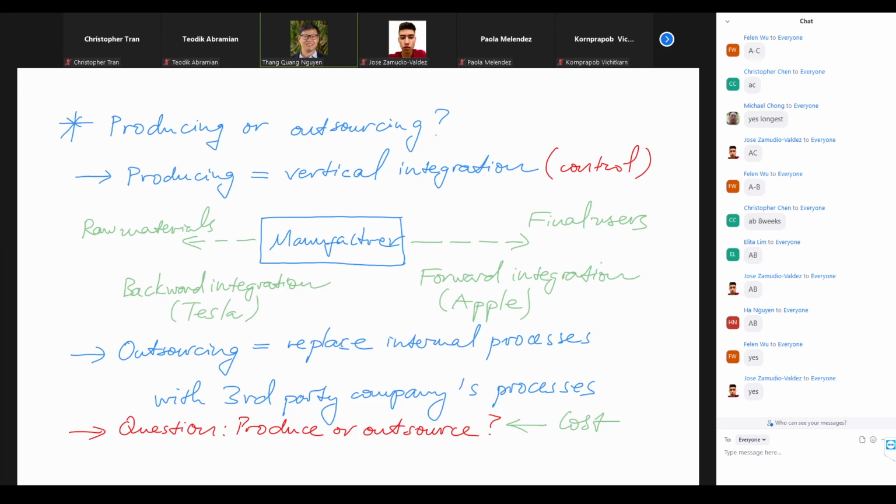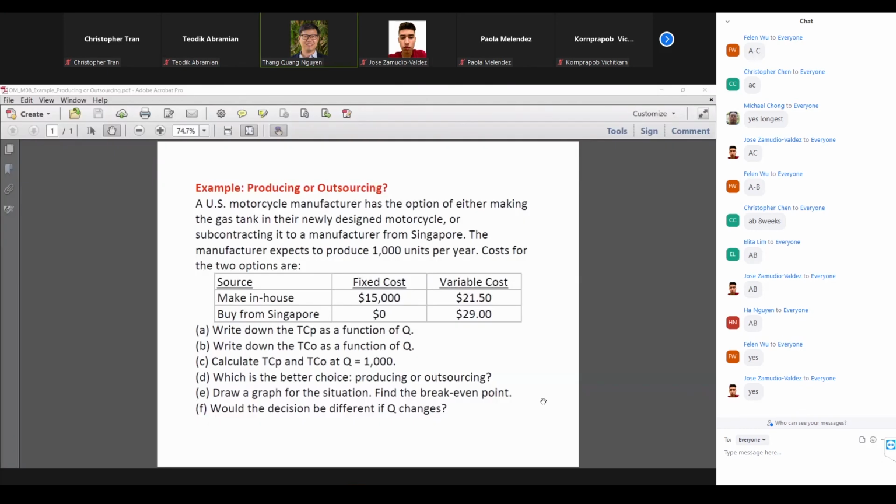All right, so we have this in module 8. If you go to module 8, you should see this PDF file. A US motorcycle manufacturer has the option of either making the gas tank in their newly designed motorcycle or subcontracting it to a manufacturer from Singapore, right?